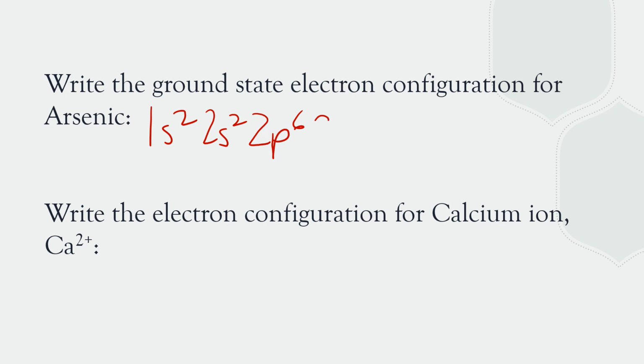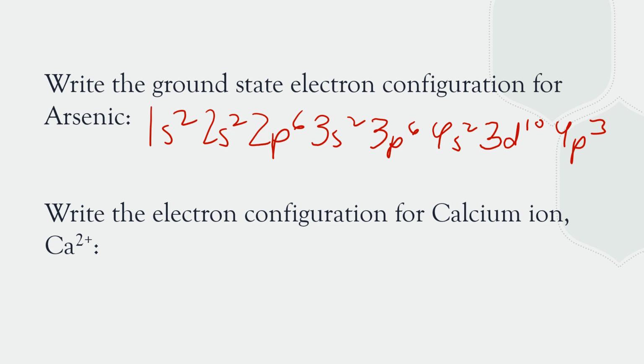Sodium, magnesium is 3s2, aluminum to argon is 3p6, then potassium, calcium is 4s2. Remember that the transition metals from scandium to zinc are 3d10, but at a higher energy level. Then you go to 4p, so gallium, germanium, arsenic. So 4p3.